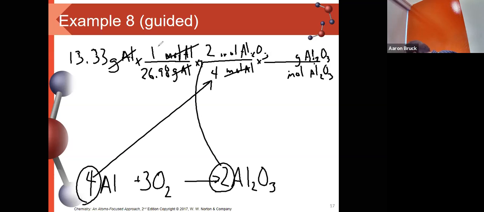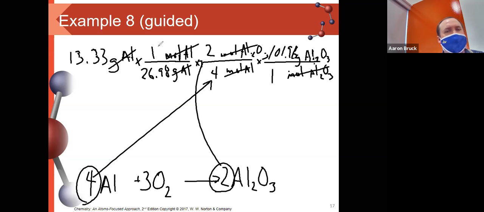Again, we're going to need the periodic table for that. Aluminum oxide has 2 aluminum, so 2 times 26.98, and 3 oxygens, 3 times 16. 1 mole is 101.96 grams. My moles of aluminum oxide cancel, and I now just have grams.